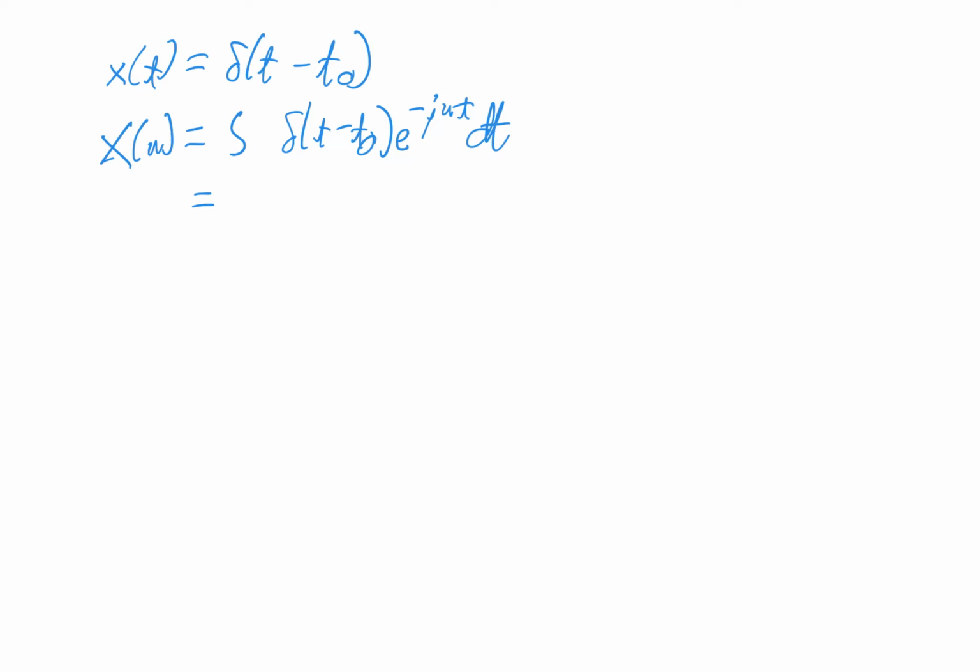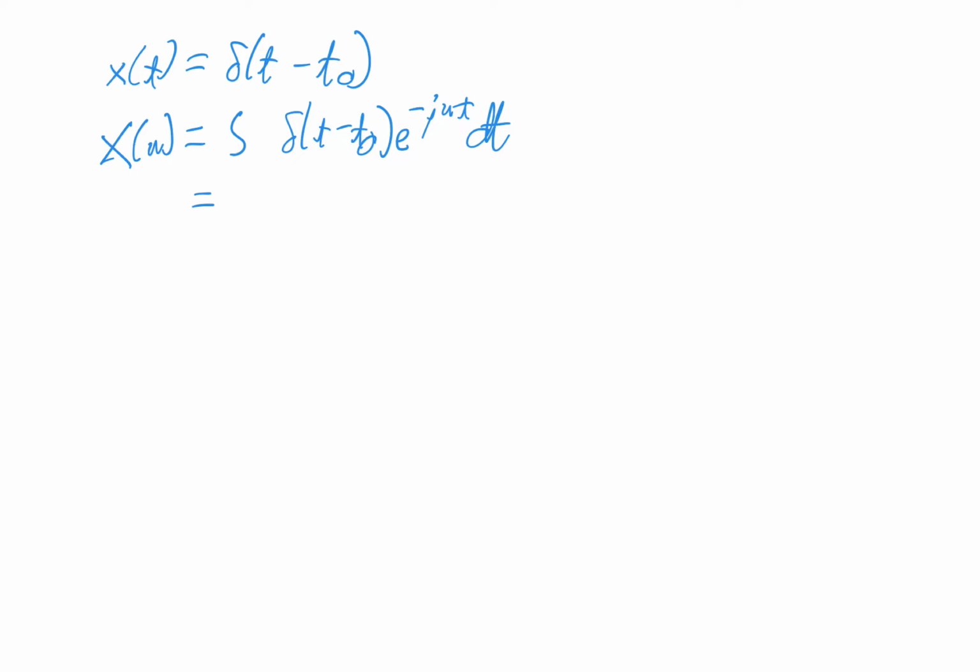Here we use the sampling property. The sampling property of the impulse tells us that the integrand is 0 almost everywhere. The only place it's not 0 is when t is equal to t0, because that's when the argument of the impulse is 0.